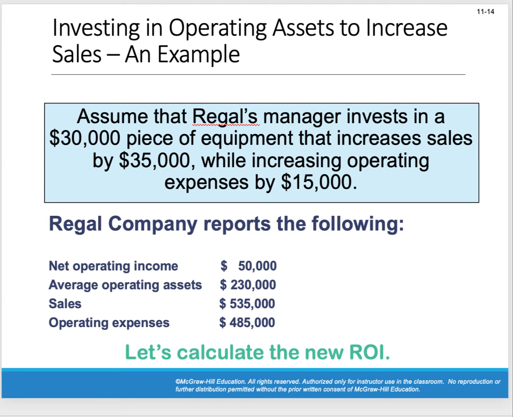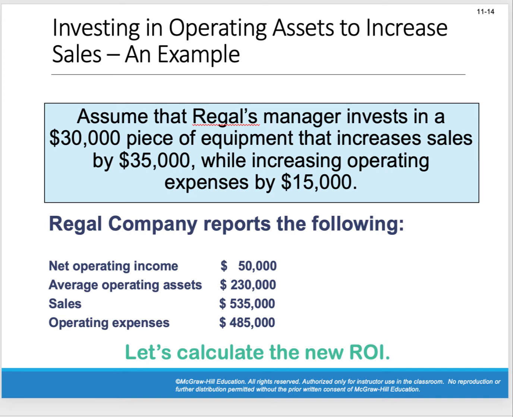So let's assume for a moment that the management of Regal decides to invest in a $30,000 piece of equipment. This is going to increase our sales, by buying this new piece of equipment. But it's also going to increase our operating costs as well, okay? So we need to figure out what's our new ROI, right?